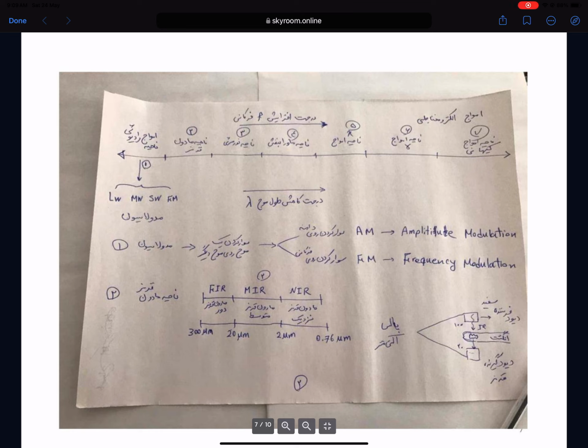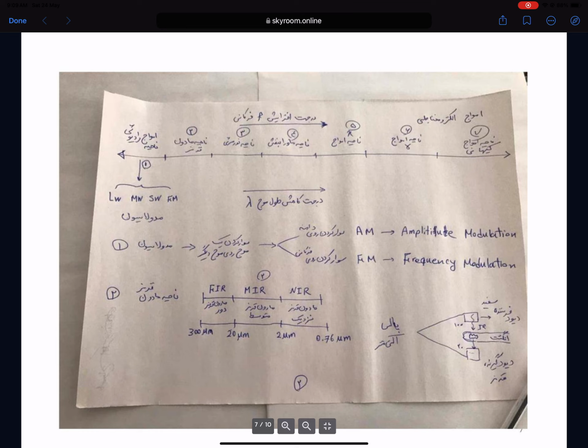And infrared itself is divided into three parts, which I wrote at the bottom of the image: far infrared, medium infrared, and near infrared, FIR, MIR, and NIR.